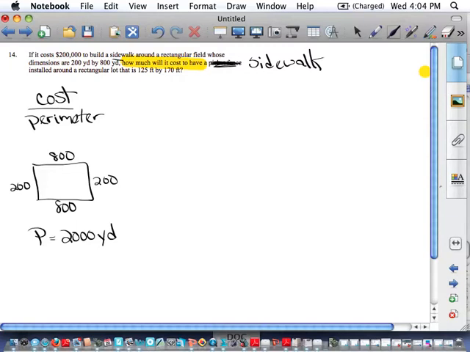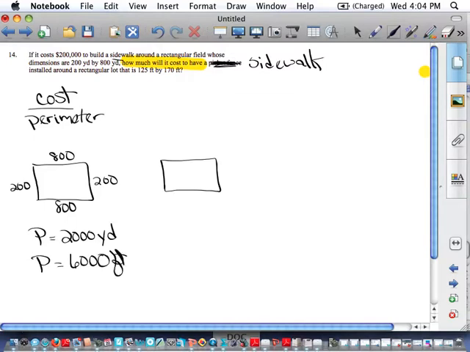Now when I look at the next one, it's in feet, so that's a little bit of a problem. I'm going to want to change that. Either multiply or divide the yards, or multiply the feet. Let's change this from yards to feet. So the perimeter is equal to 6,000 feet.